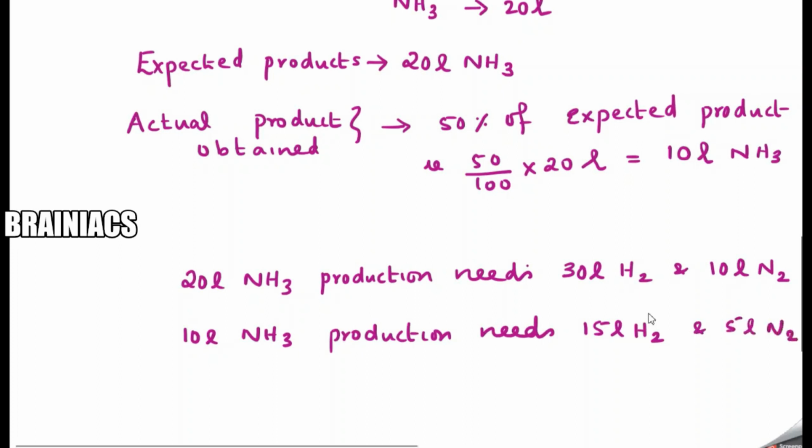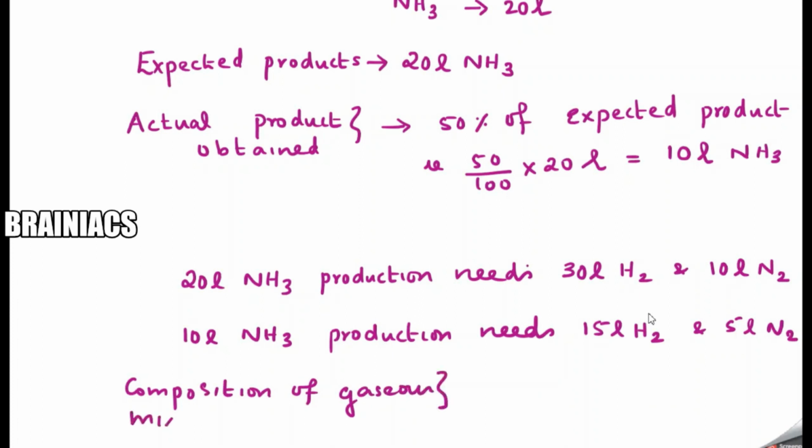But is my answer 15 and 5? They are asking you the composition of the gaseous mixture after the reaction. What will be the composition of the gaseous mixture? You know that 10 liter ammonia is formed, correct.